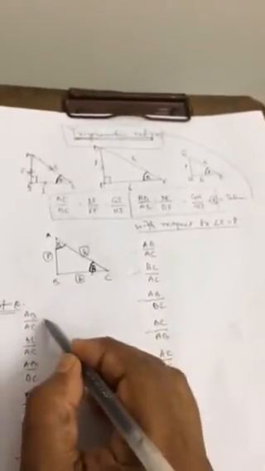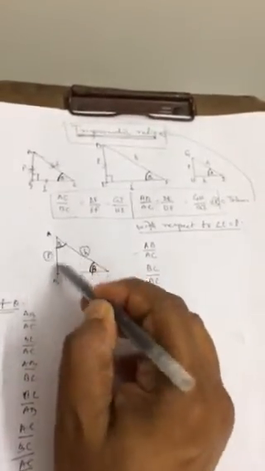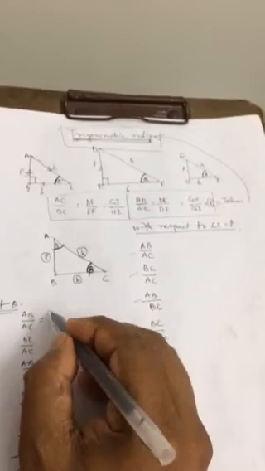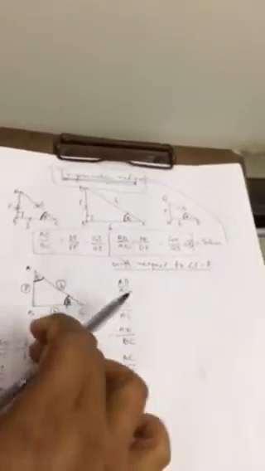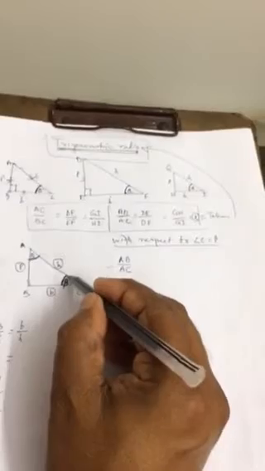Now with respect to theta, what is AB? You have to recognize it. With respect to theta, AB is B and AC is H. You remember it. But first I will do this with respect to beta.